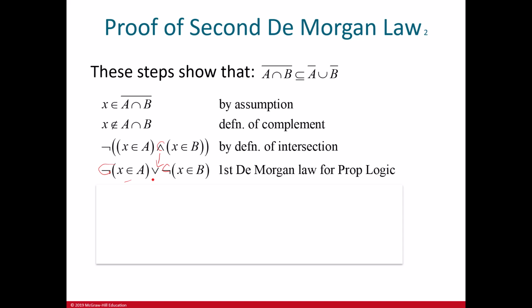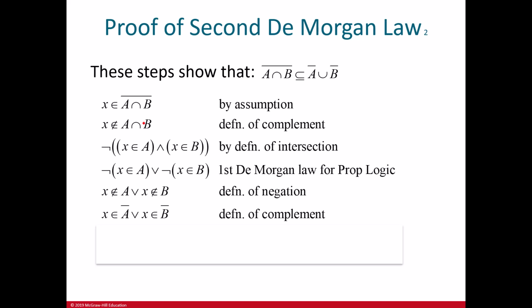So this one will be the same, but this one we're going to appeal to the definition of the negation. So this is what it says. It is not the case that x is in A. This is the same thing. But this means the complement. It means x is in U or x is in B. But this last line reminds us of a definition.